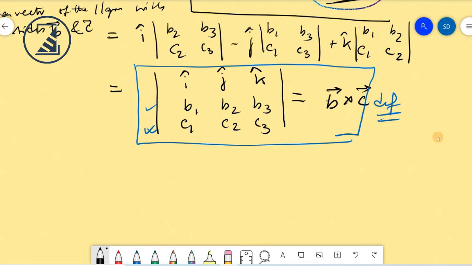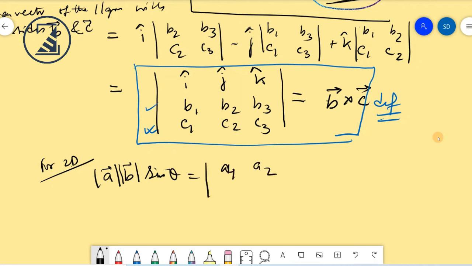Now let's relate it to the sine theta thing. So we saw for 2D we wrote magnitude of A, magnitude of B times sine theta is this determinant A1, A2, B1, B2.